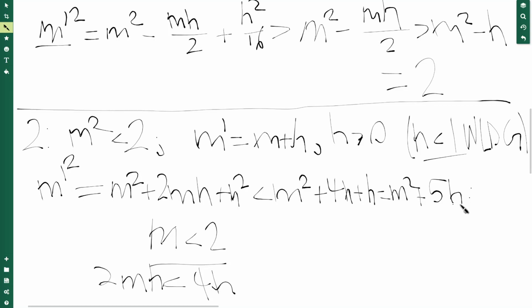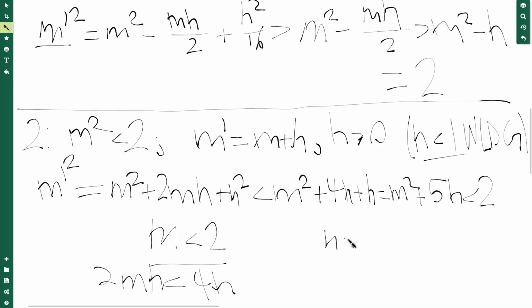So now we want to find h so that this is actually less than 2, right? This is what we want to show here. We want to find an h such that this holds for all m in E3.